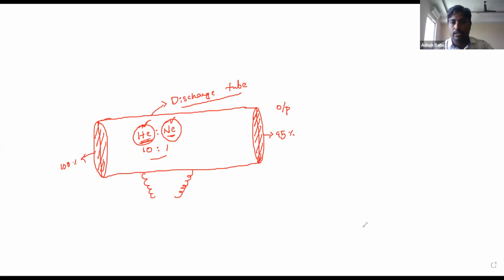So two energy level diagrams are present here, one for helium and one for neon. For helium I have taken E3, E2 and E1, the ground state.